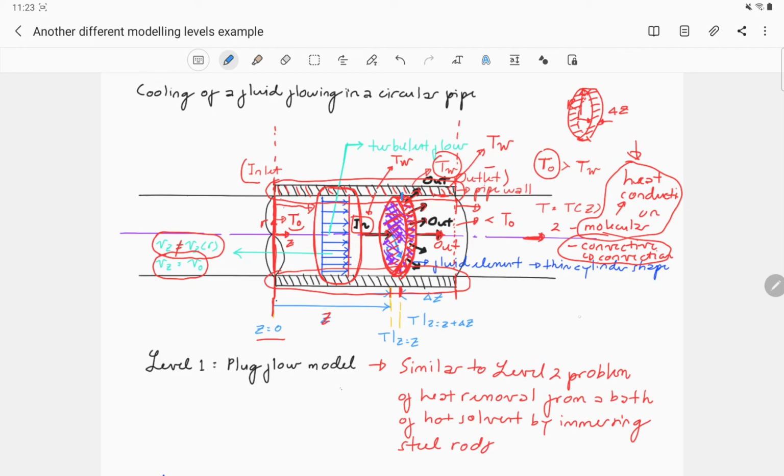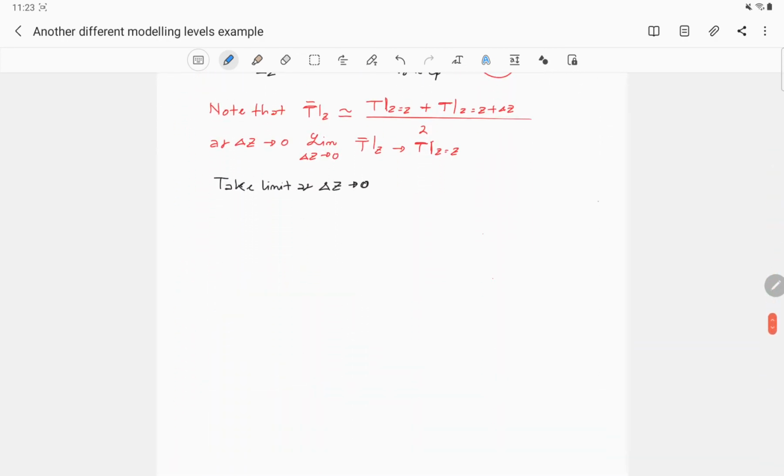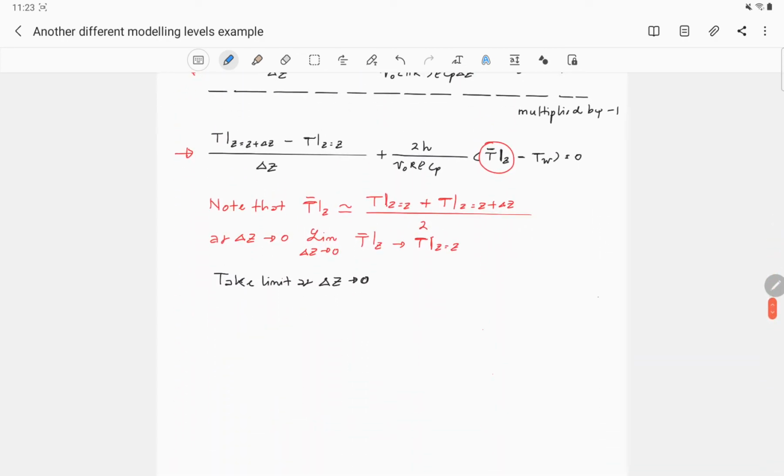If we have this fluid element at Z, and this one at Z plus delta Z, then the temperature is taken at the middle point between Z and Z plus delta Z. This particular problem refers to the differential balance, so we come with this term of delta Z. In order for us to solve this problem, we have to convert these equations into the differential form.